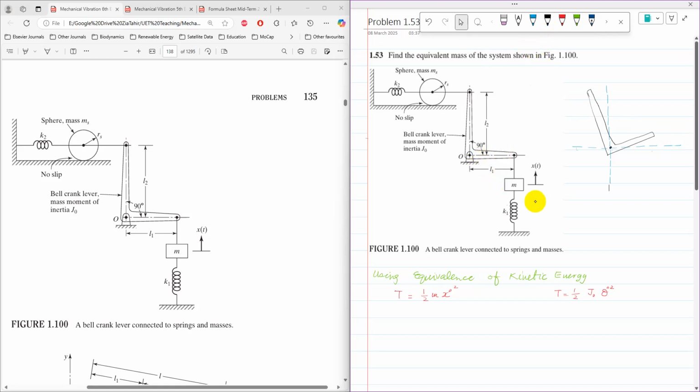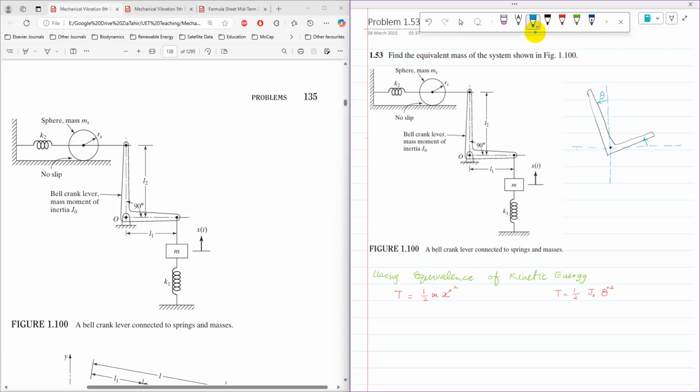So due to a small translational displacement, we have theta here, and the same amount of theta is here. Now the displacement of the mass is x and the angular displacement of the bell crank lever is theta.